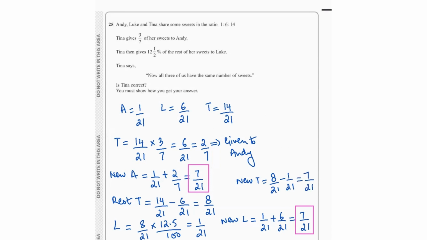We can clearly see that once all the sweets have been reshared based on the information, all three of them have the same fraction, which is 7 over 21. So 7 over 21 is to 7 over 21 is to 7 over 21, which is basically 1 is to 1 is to 1. So is Tina correct? Yes, she is.